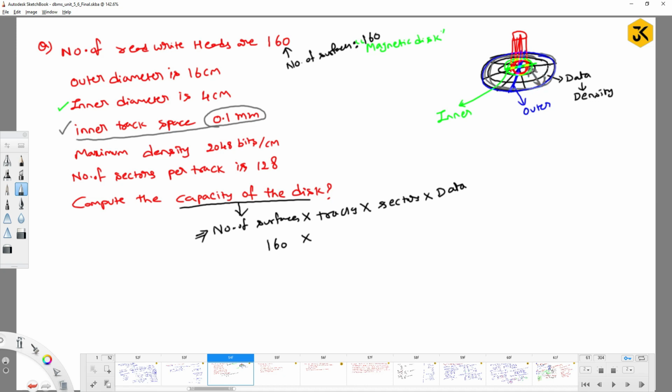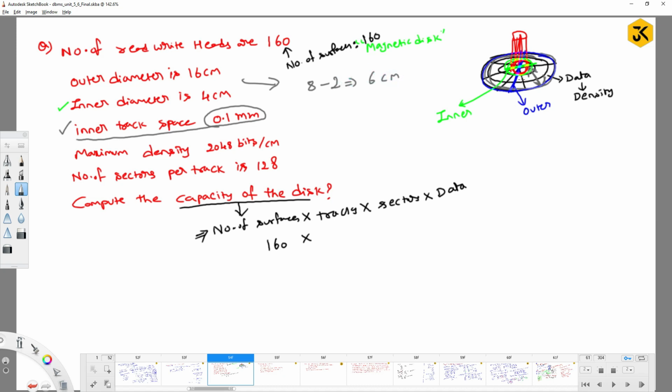So can you calculate the distance between the inner track and outer track? They have given the diameter here. Do we need to calculate from the diameter or the radius? The radius. So what is the radius of the outer circle? 8. What is the radius of the inner circle? 2. So the difference is 6 centimeters.